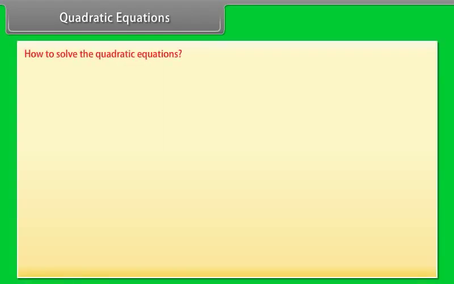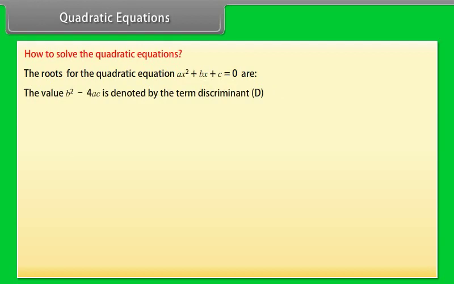Quadratic equations. How to solve the quadratic equations? For the quadratic equation ax² + bx + c = 0, the value b² − 4ac is denoted by the term discriminant D. That means D = b² − 4ac. 1.